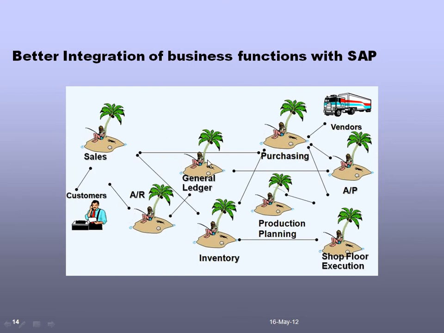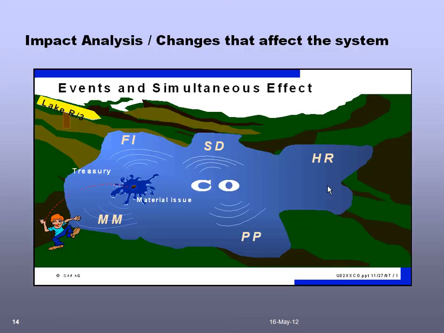Whether they are working independently or not, the communication has to flow between all these departments. I mean to say, cross application communication or cross module communication or cross process area communication or information exchange is mandatory for any company to work successfully. So with SAP, this integration is quite good. That's what I wanted to say here.